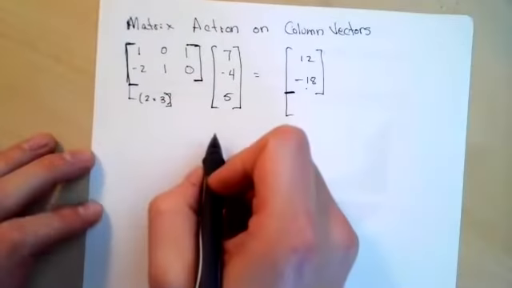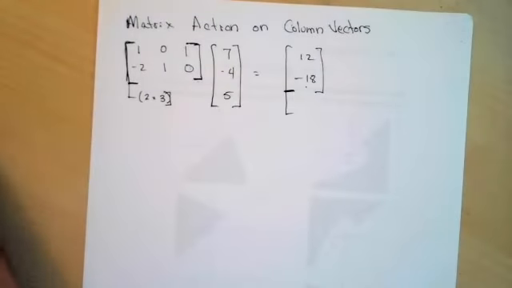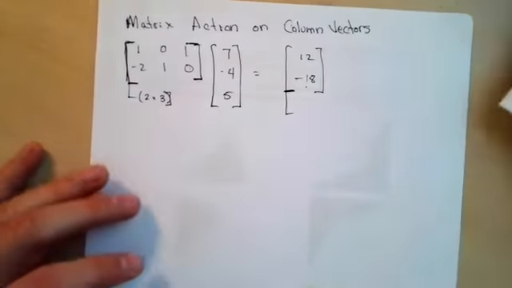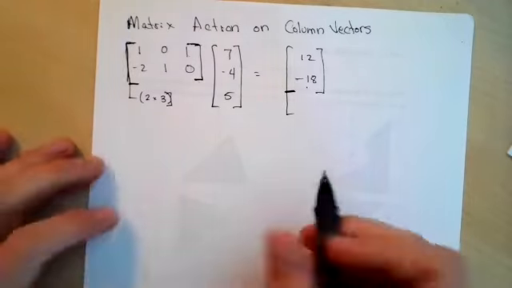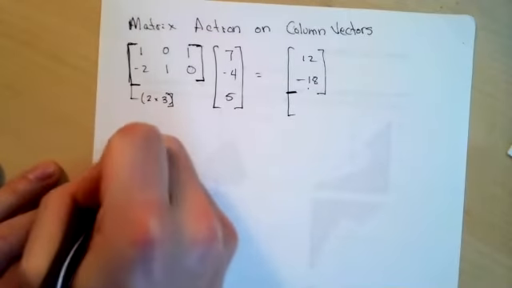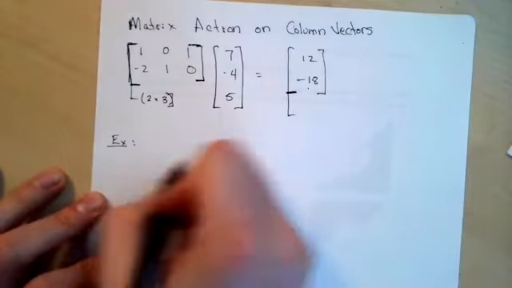For now, what we want to do is to represent our systems of equations in terms of an action of a matrix on our standard variables. Let's just show this by example.